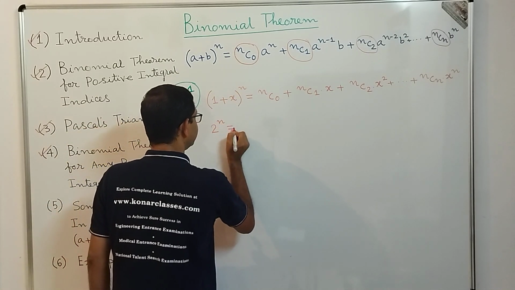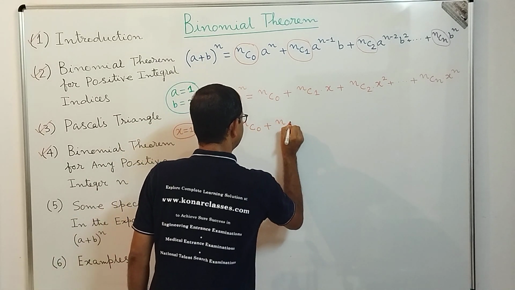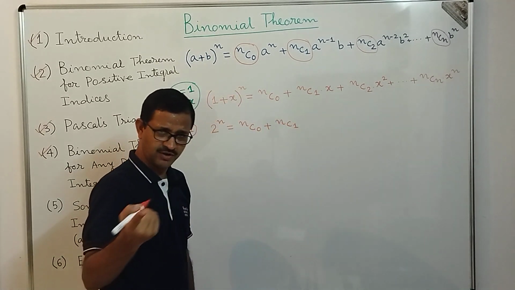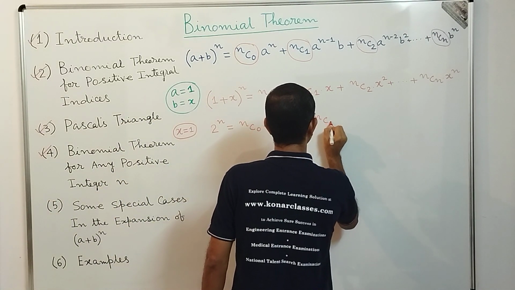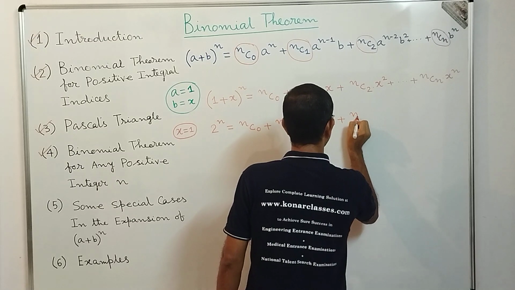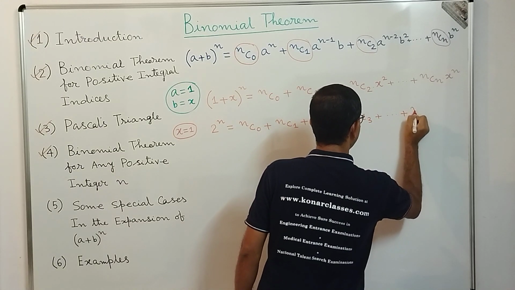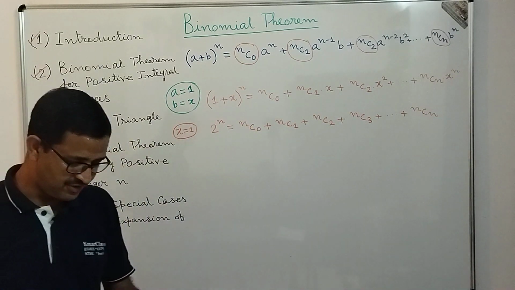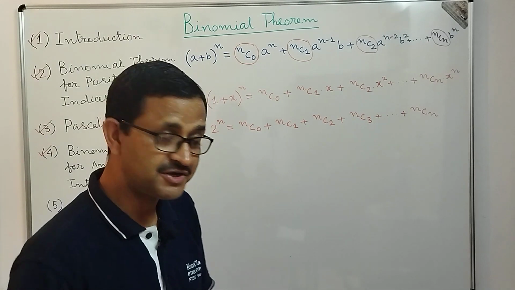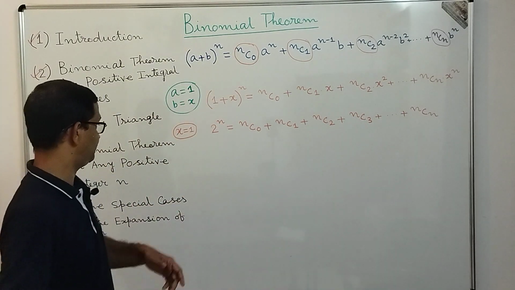So 2 power n is equal to nC0 plus nC1, because x is 1, plus nC2 plus nC3. In that way it will continue till nCn, and that is an important result. In many of the numerical questions later you will find that you need to apply this particular result.